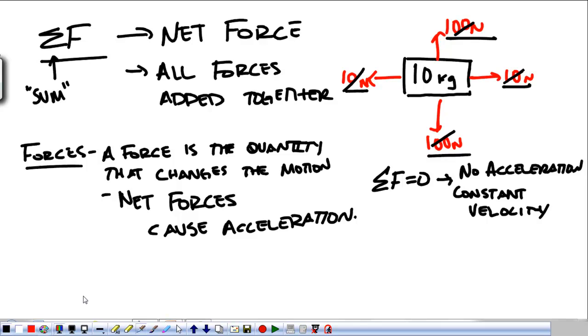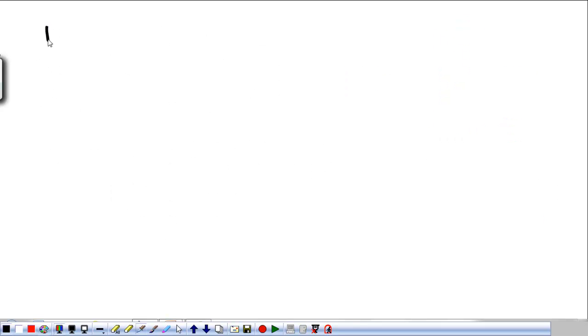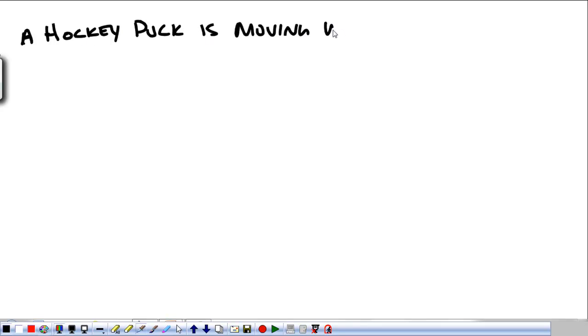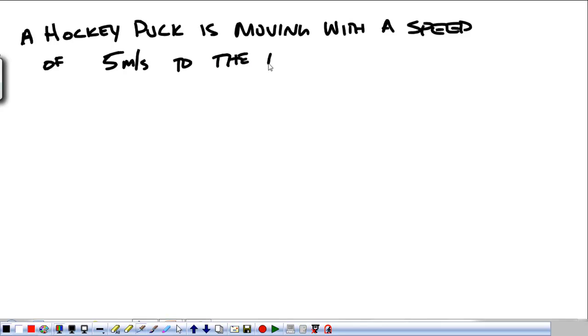If, however, there is a net force, then we're going to have an acceleration. So, one little concept question, and we're done. A hockey puck is moving with a speed of 5 meters per second to the right.